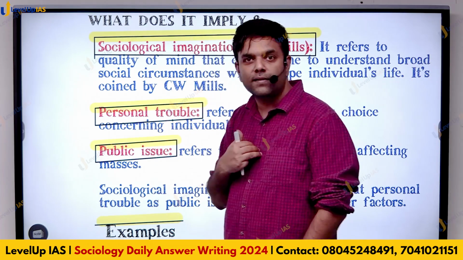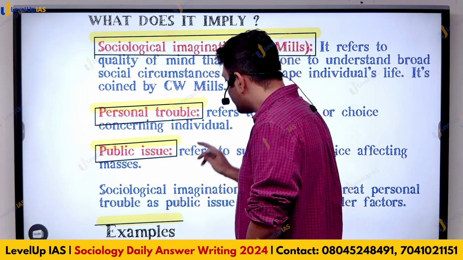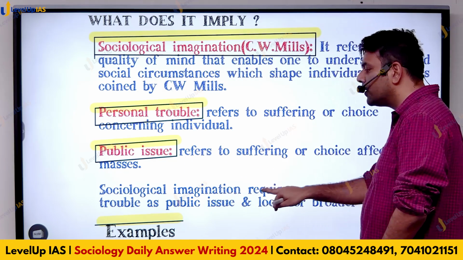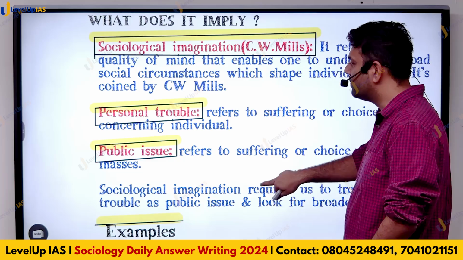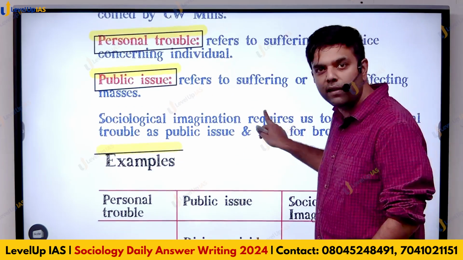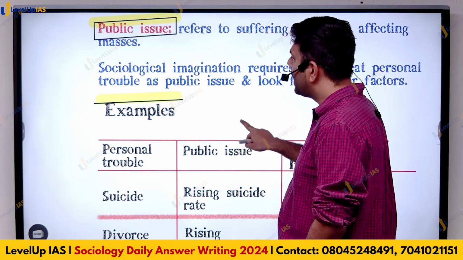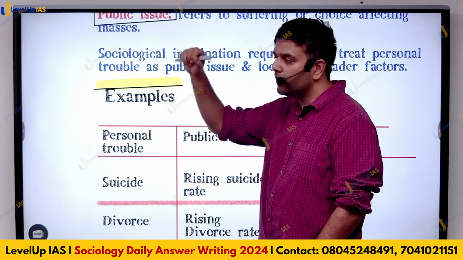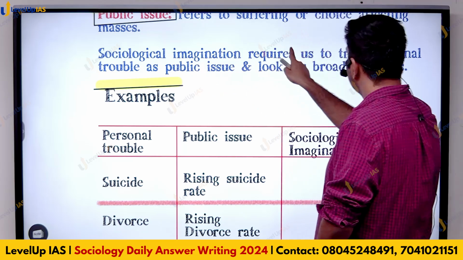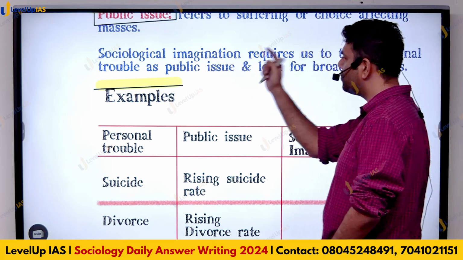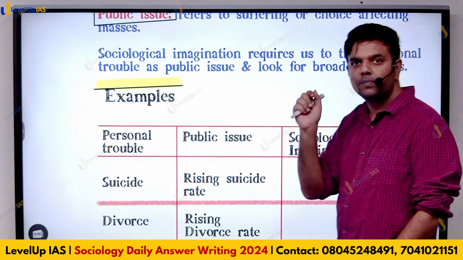Now, what should be the task? The task should be to explain with examples, because we have to explain what it implies, and we can't show it without writing examples. So I have mentioned as a connecting point that sociological imagination requires us to treat personal trouble as public issue and look for broader factors.